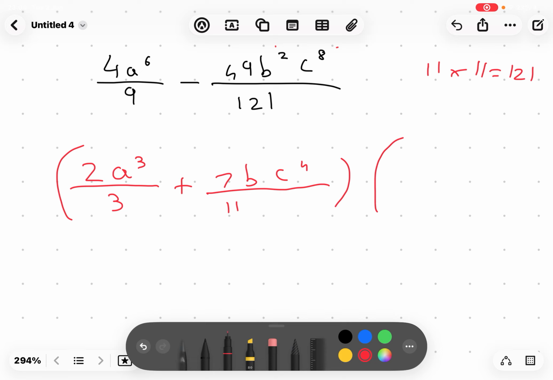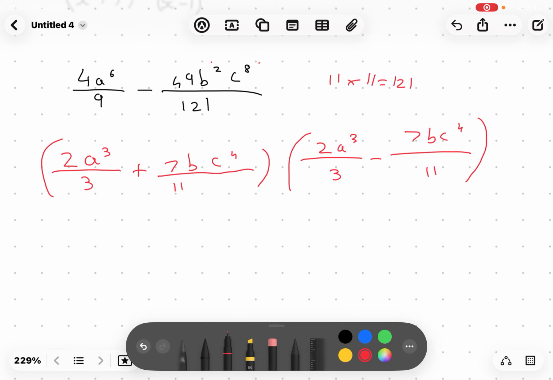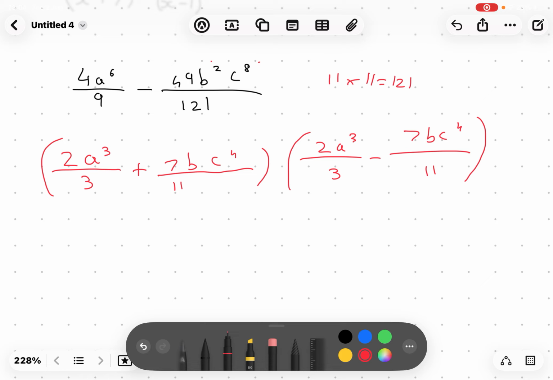And then in another bracket, 2a3, 3, and then 7bc4, 11. And can we simplify it any further? Well, no, because over here we don't have any similar a's, we don't have anything to cancel out. So this is the final answer.